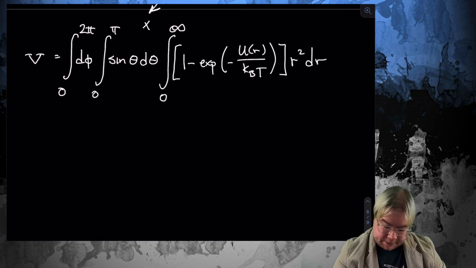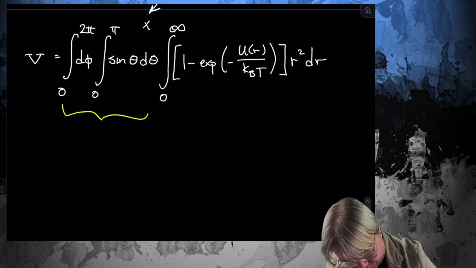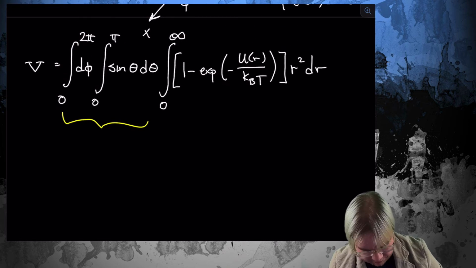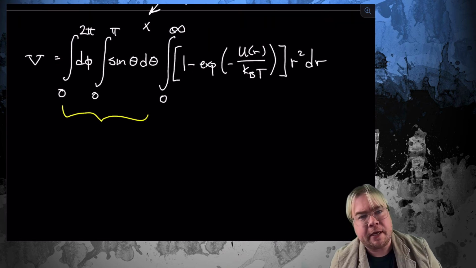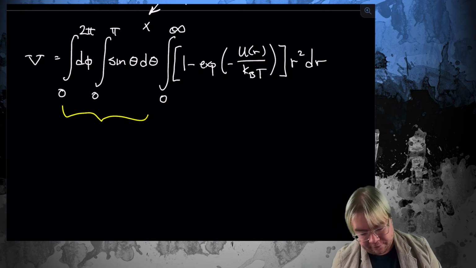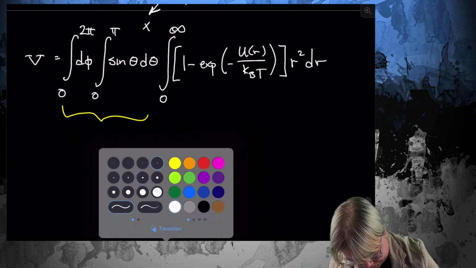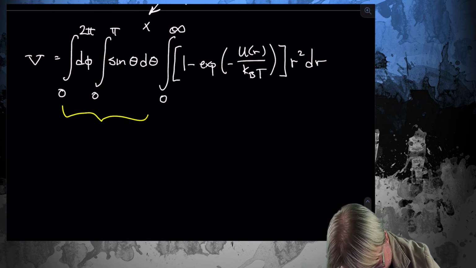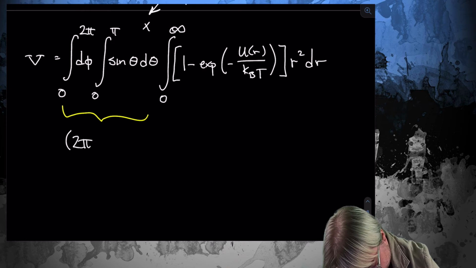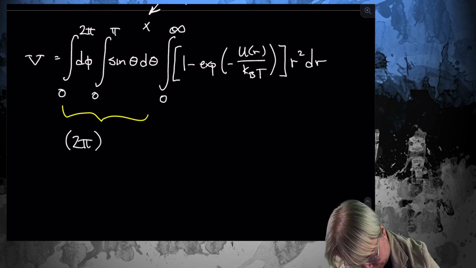And you would be right, except we can do these first two terms pretty quickly, right? Because we get what? D phi becomes phi, so that integral becomes 2 pi. You can integrate sine theta from 0 to pi, and you get 2.